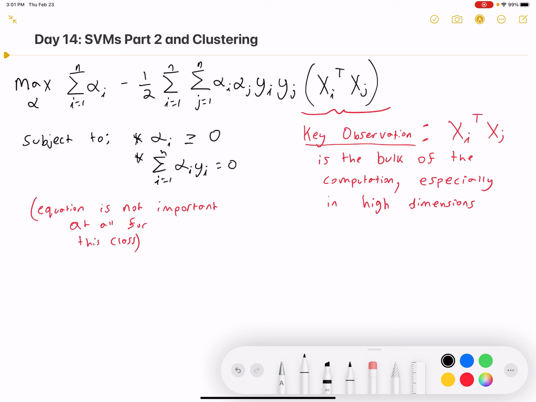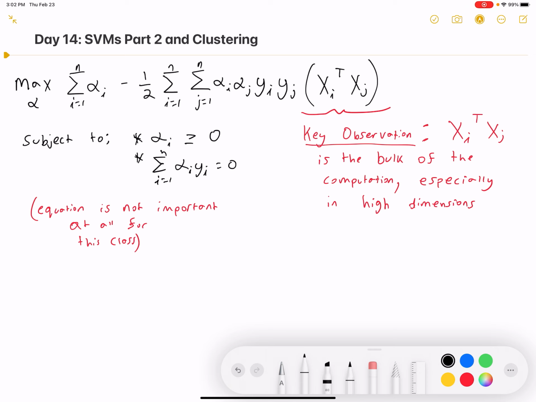And the key observation where we ended last class was that all of these terms are scalars except for x transpose x, where xi is one data point and xj is the other data point.